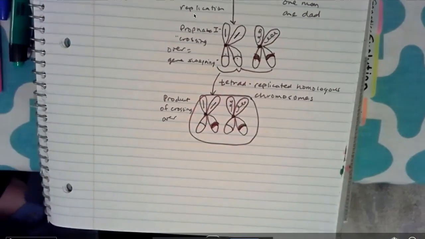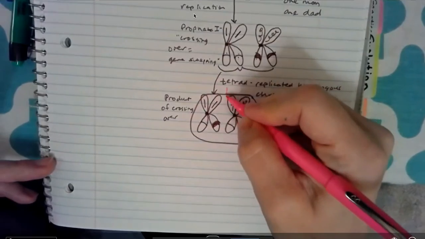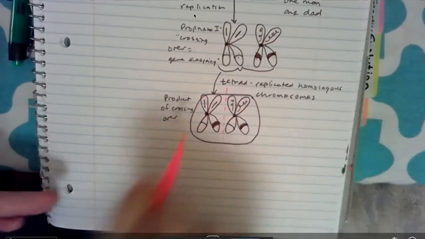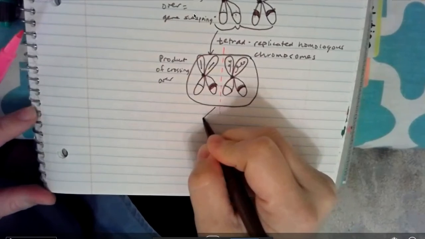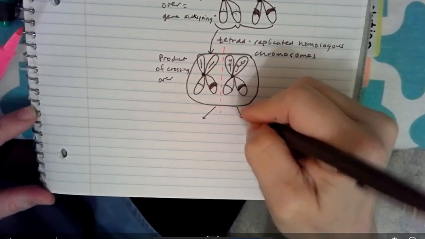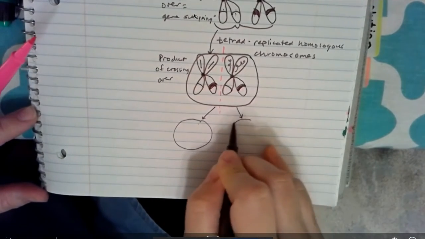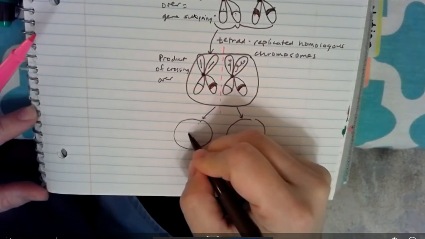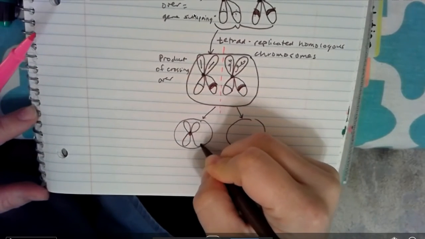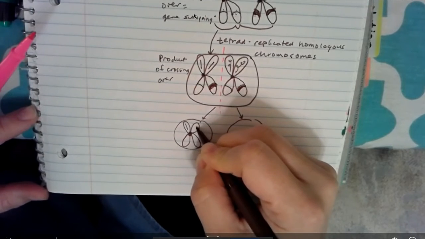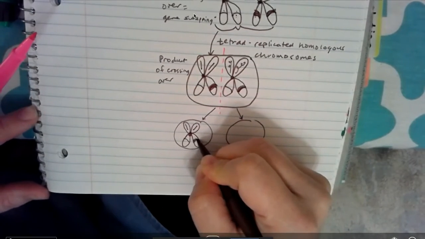So basically, meiosis 1, you cut it down the middle here. Okay, so after meiosis 1, the product of that would be the tetrad separated like that. Thin, straight hair, thin brow, bushy eyebrow.